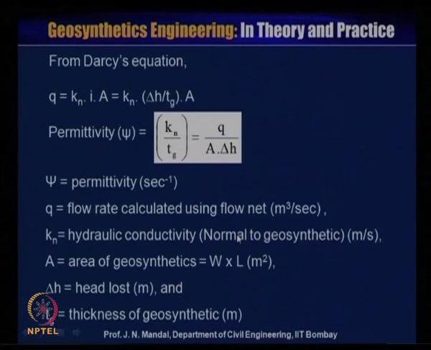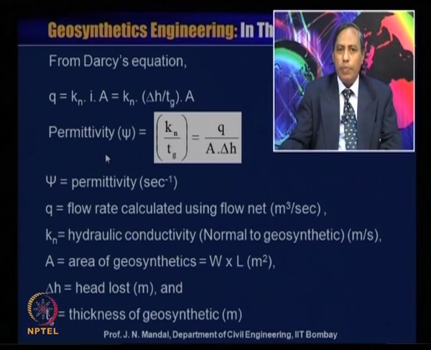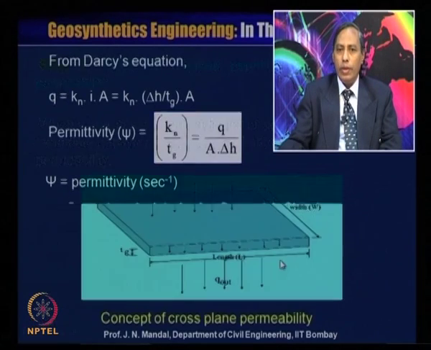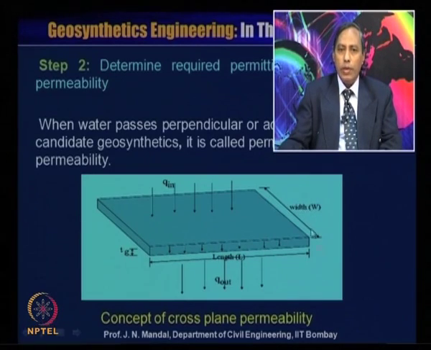From this you can calculate the permittivity with this equation, permittivity is equal to Kn by Tg equals Q by A into delta H, where A is the area of geosynthetics, which is W into L. This is L, this is W.